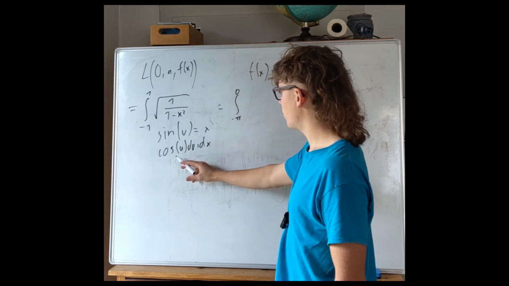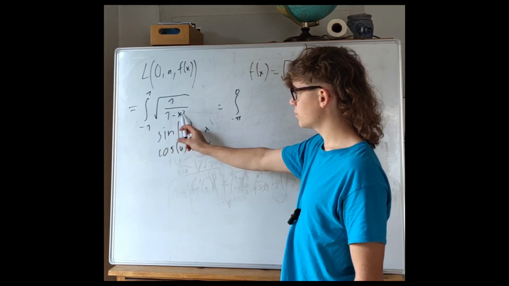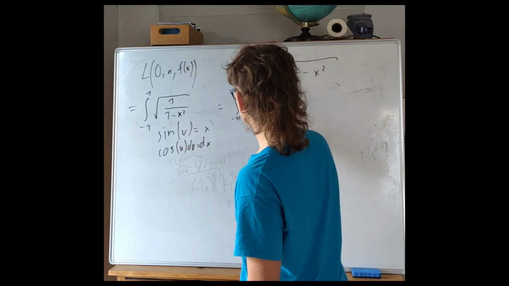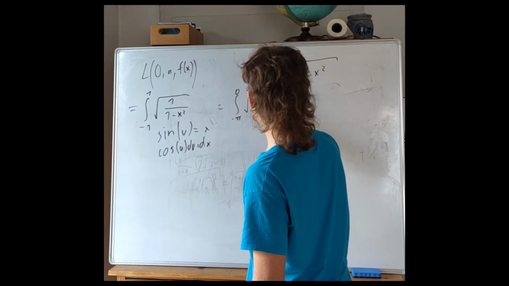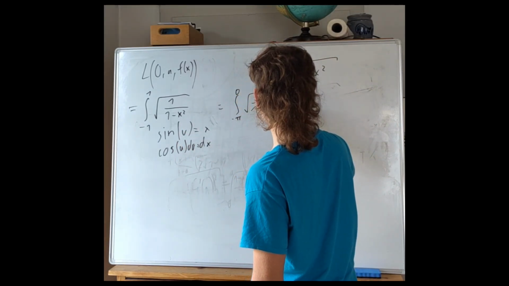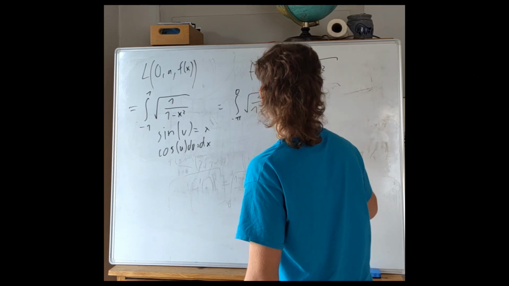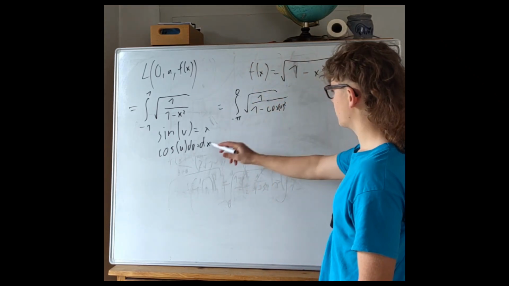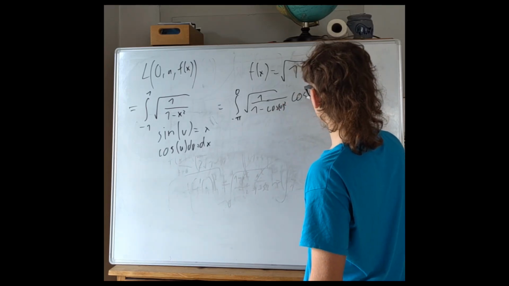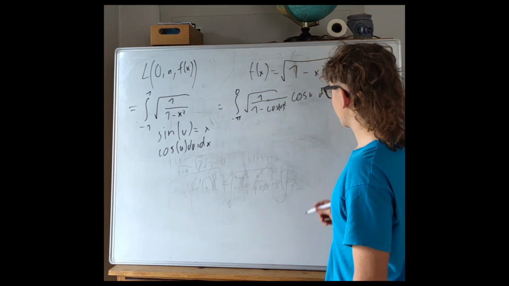And then we plug in cosine of u squared. So this is the square root of 1 over 1 minus cosine u squared. Sorry for the notation. And of course, don't forget the sine of u du.